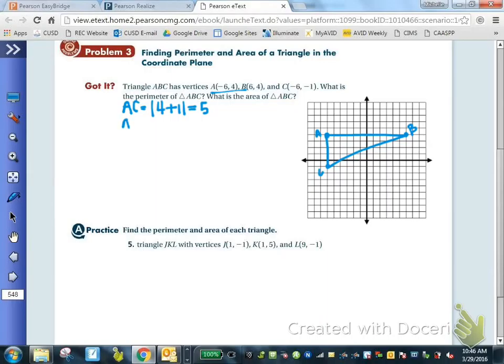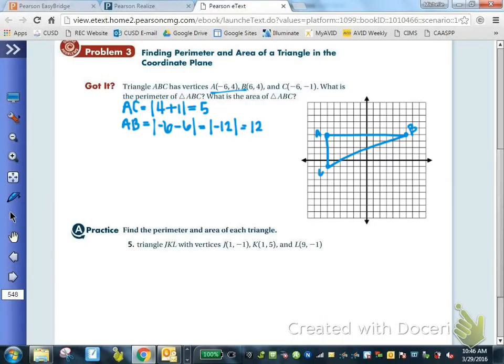To find AB, I would do the same thing, but with the x's, right? So AB is going to be -6 minus 6, which is the absolute value of -12, which is 12.